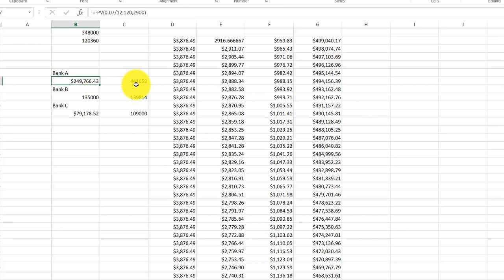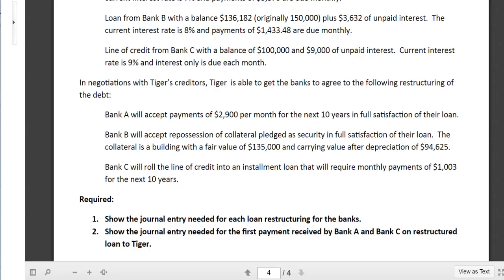We see that this is what the loan is currently. We've got the loan balance plus accrued interest. We're going to calculate the present value of those payments under the new terms, at least the new payment and the new number of payments, but we use the old rate of interest.